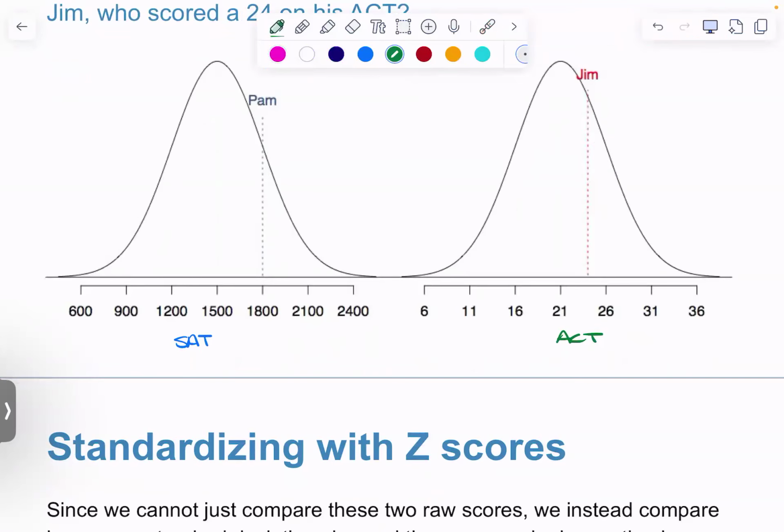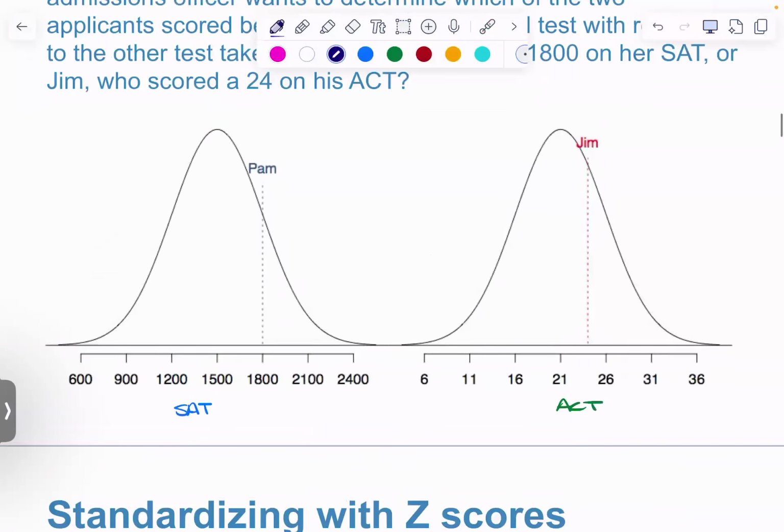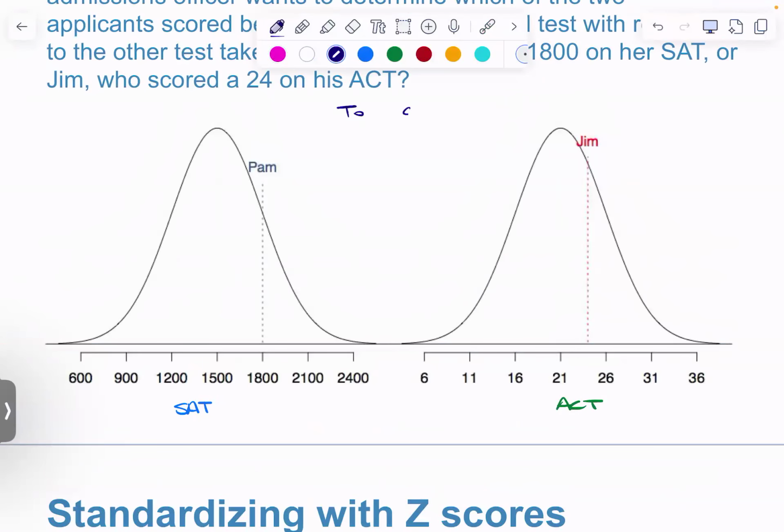But what we're going to do is to compare the scores. We calculate how many standard deviations from the mean each score is.